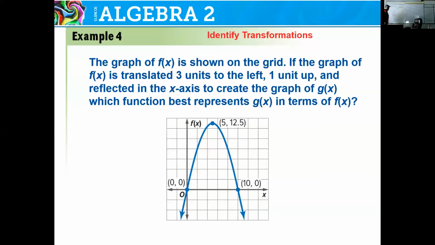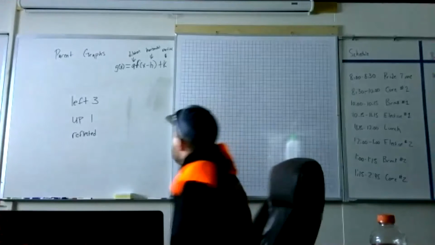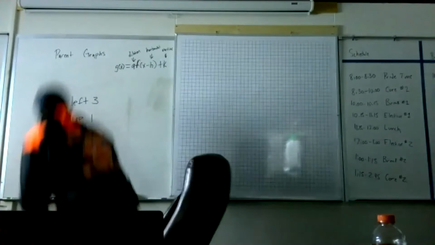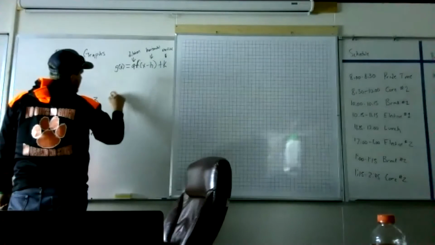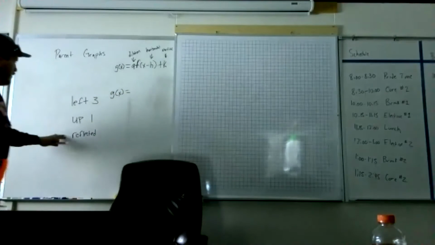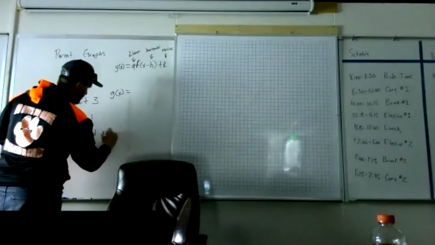So what this is really asking you, after we sort through all of the information, is how can we write it in a general form that would get all of these translations and reflections done? Okay, so we compare that to our general form. So, first one, and it has to be in terms of f of x, and we're writing g of x. So we're going to have g of x. Okay, first it was reflected in the x-axis.